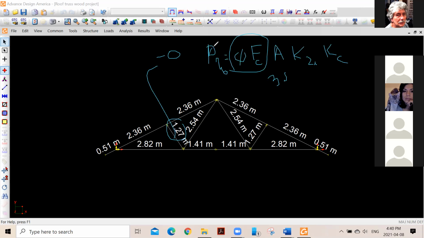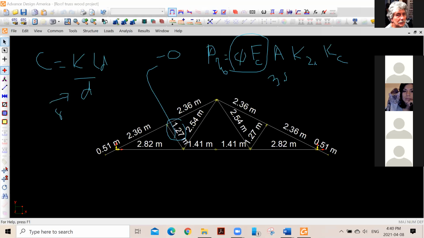And you start off by showing that the slenderness of the B governs, okay? Remember how to calculate C is equal to KLD over D. And what's D? Well, D is 89, right?